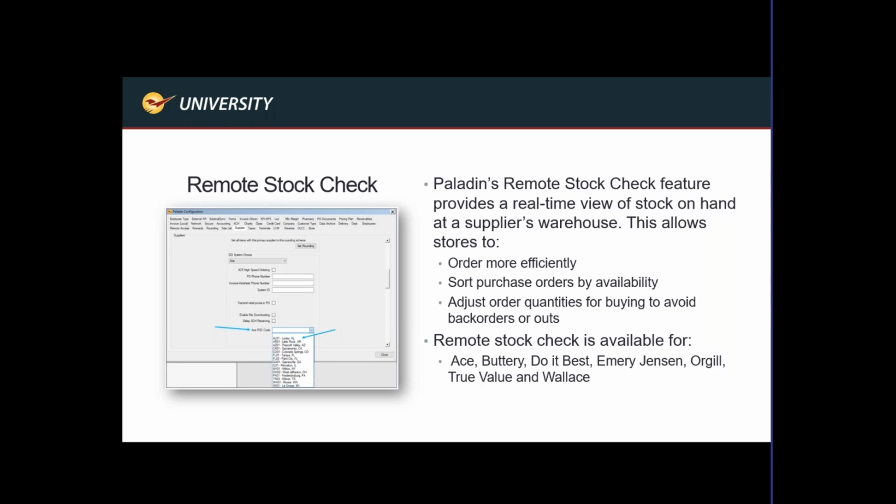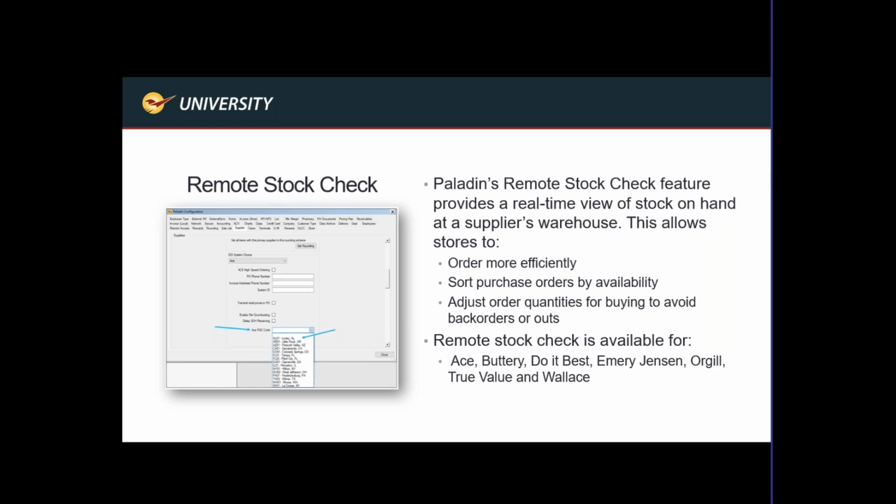What that means for you is when you have multiple suppliers, you select that remote stock check button on an item, and you are able to see which supplier has what in stock. So if you have your two suppliers, you select the remote stock check, it will tell you, hey, at this warehouse for supplier 1, they have 15 of these. At this warehouse for supplier 2, they're out. So that you know, okay, we can't order this from supplier 2, otherwise it's going to be on back stock, and we're just going to have to wait for it.